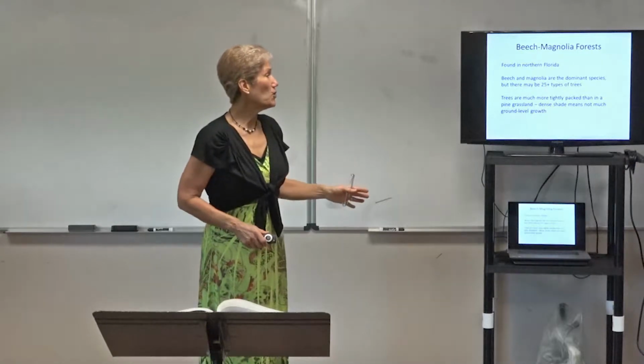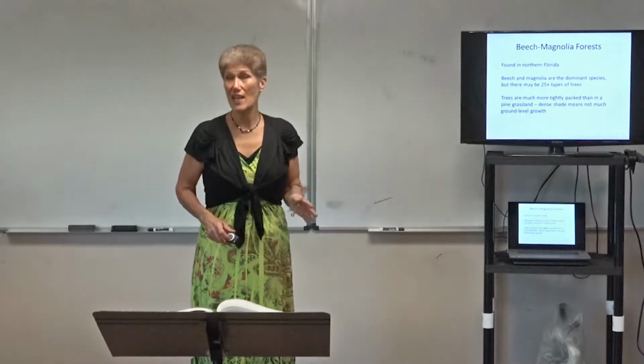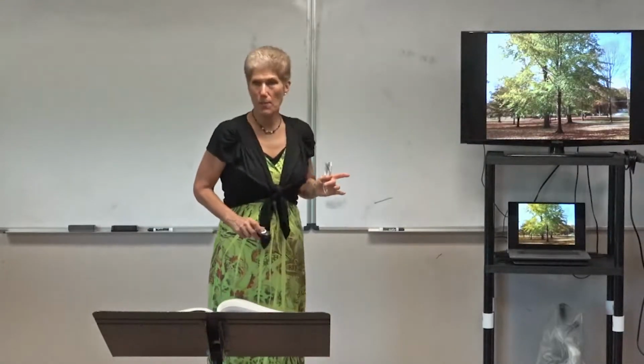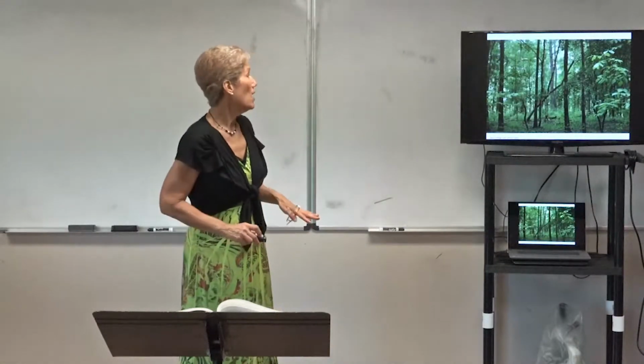And the trees are much more tightly packed than in the grasslands, so there's dense shade, and therefore there's not a lot of ground cover growth. That is actually a magnolia tree. That's a really big magnolia tree. And that is a beech tree. And so the beech magnolia forest is made up of those 2 basic types of trees.